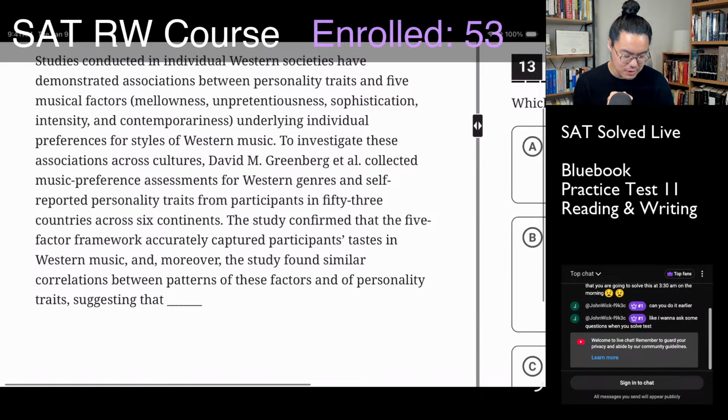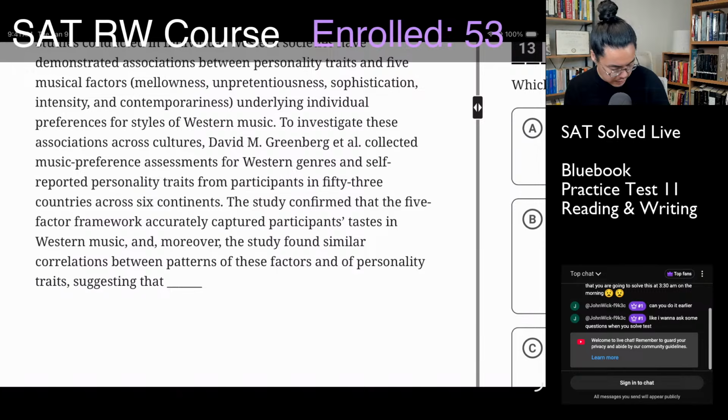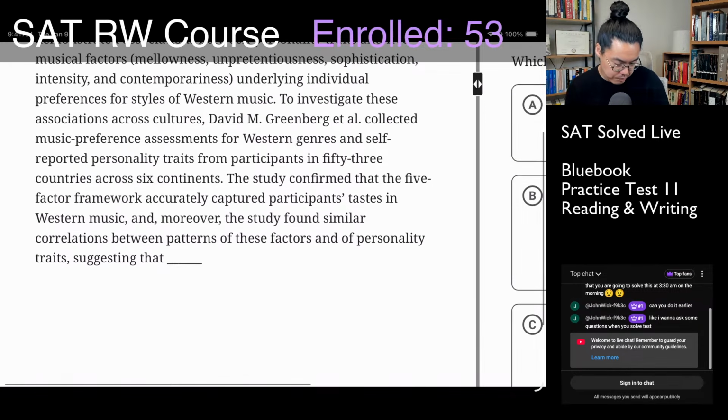To investigate these associations across cultures beyond the West, they collected music preference assessments for Western genres. Preference is not one of those five. And self-reported personality traits. Wait, music preference assessments, is that the same as the five, the MUSIC? Accurately captured the participants' taste. Oh, okay, I guess it is the same.